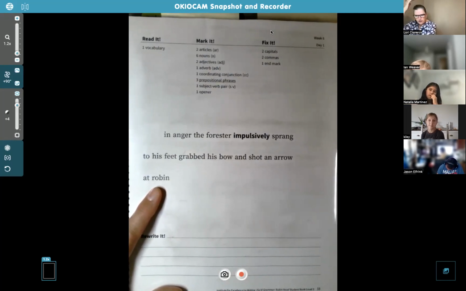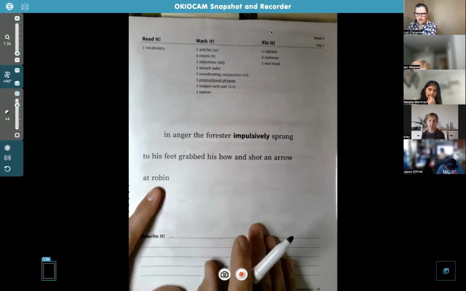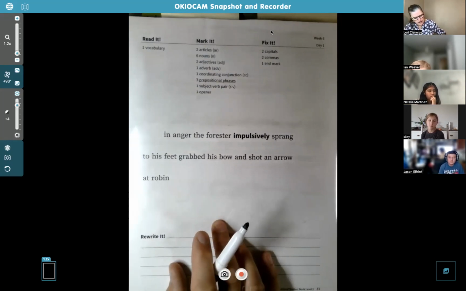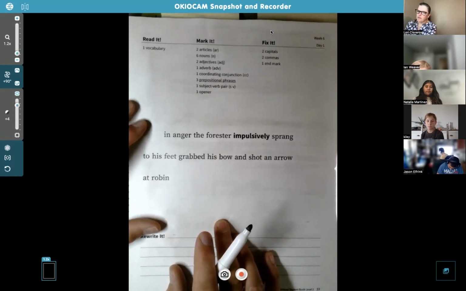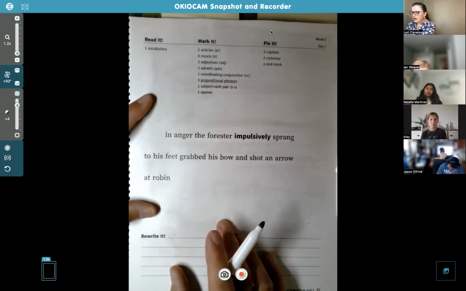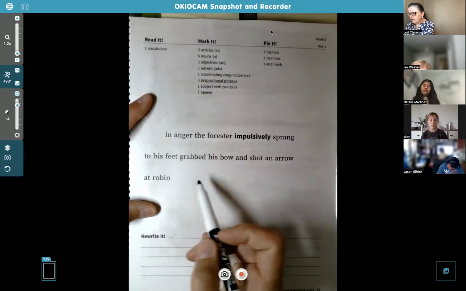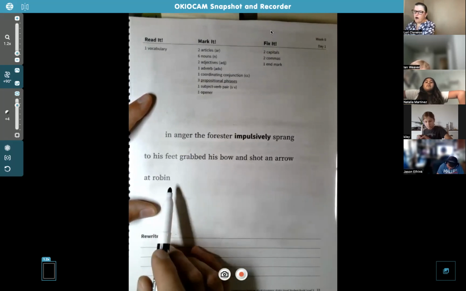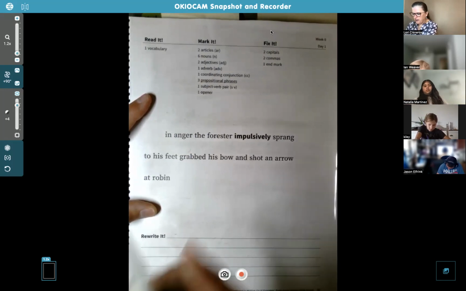Because you think it might be heading towards your head, even though you're not sure where the ball is. Impulsively. Another way to say it is quickly, hastily, and acting emotionally sometimes too. So out of impulse, he sprang to his feet, and grabbed the bow and shot an arrow at Robin. So he just automatically did that.